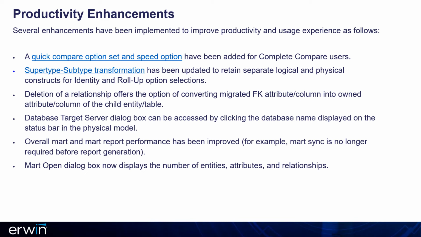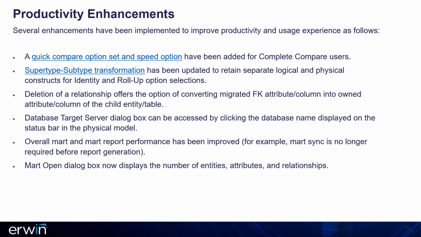Deletion of a relationship offers the option of converting migrated foreign key attribute column into an owned attribute column of the child entity table. The database target server dialog box can be accessed by clicking the database name displayed on the status bar in the physical model.